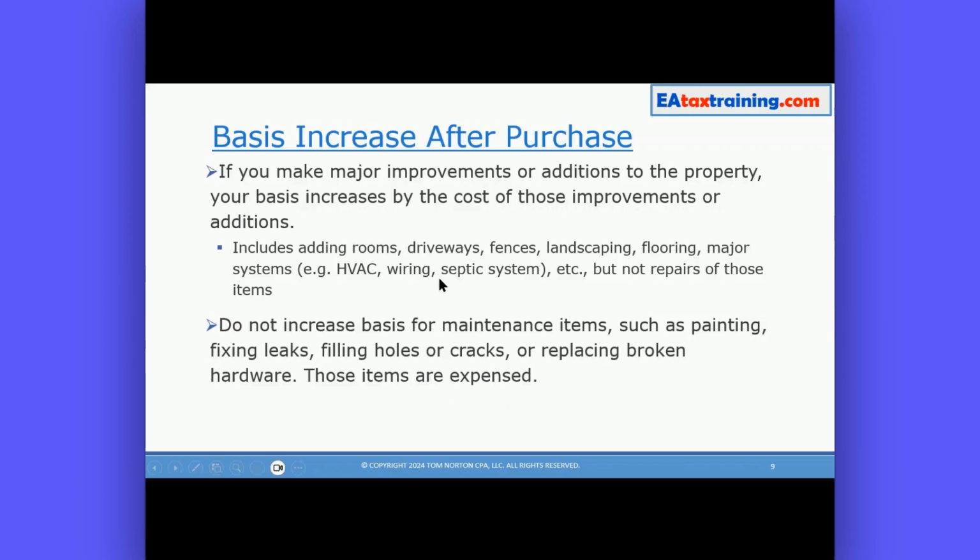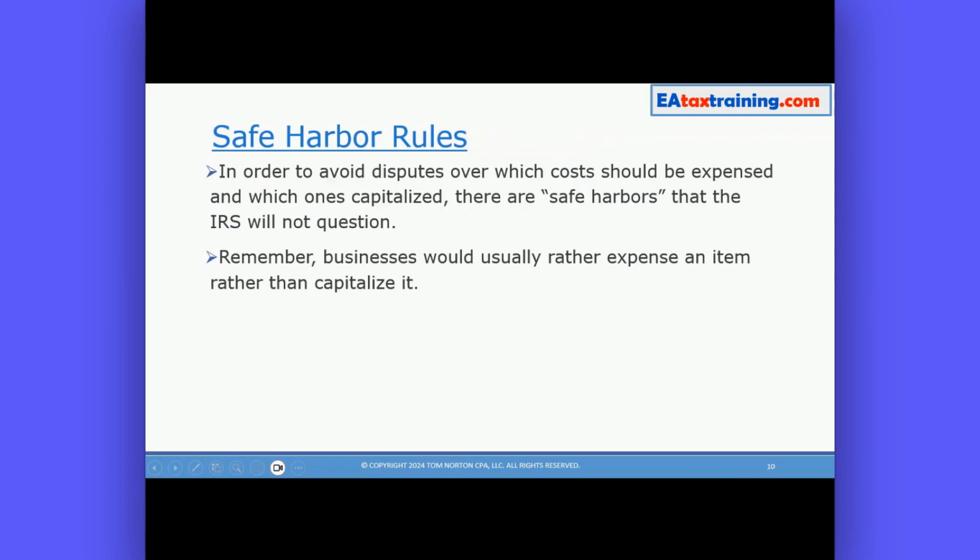And when you look at the IRS publication on depreciation and amortization, it will give you more specifics on this as well. There are some safe harbor rules. So a safe harbor, anywhere in the code, you might see a safe harbor. And a safe harbor basically means if you meet certain criteria, then the IRS will not argue about it.